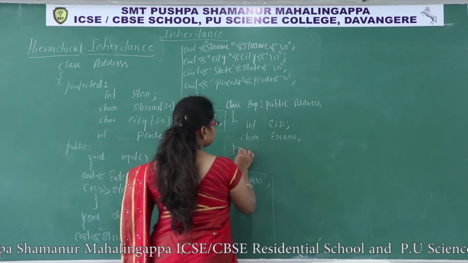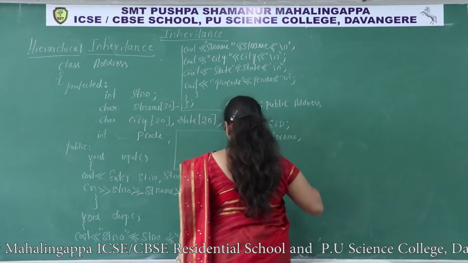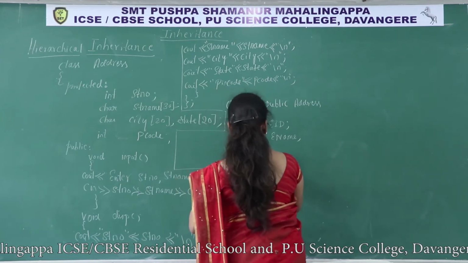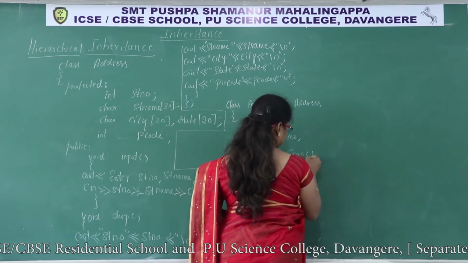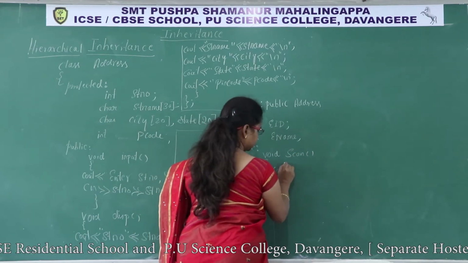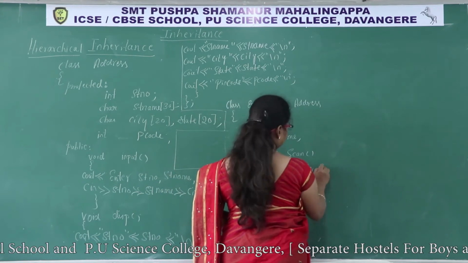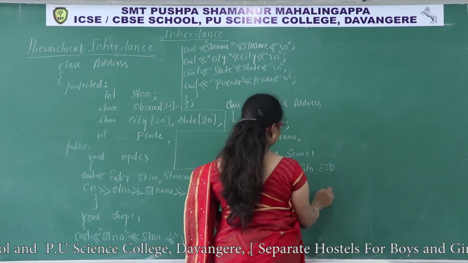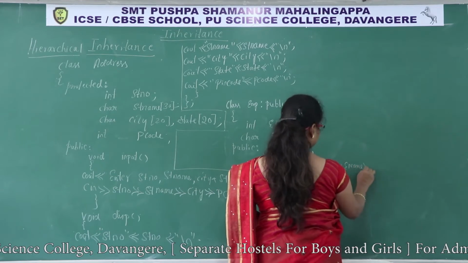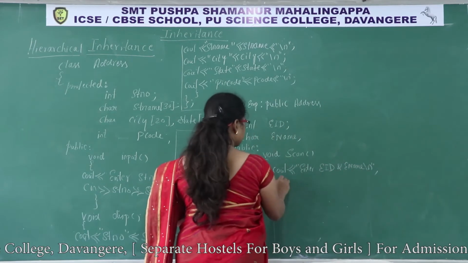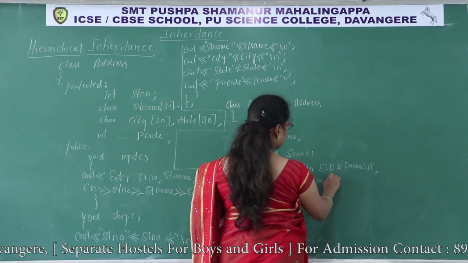In the public section, void scan: cout enter employee ID and employee name, cin extraction EID extraction E name.